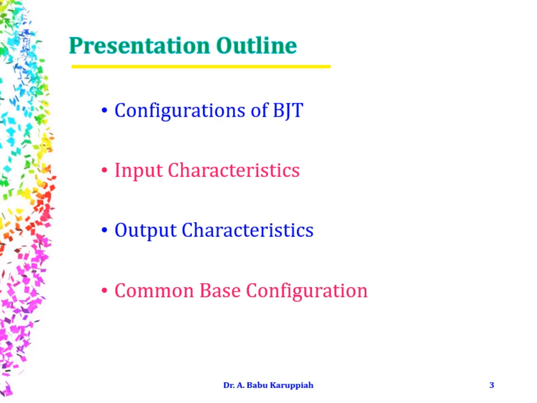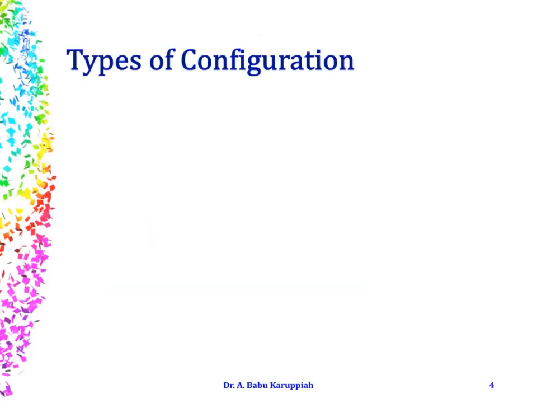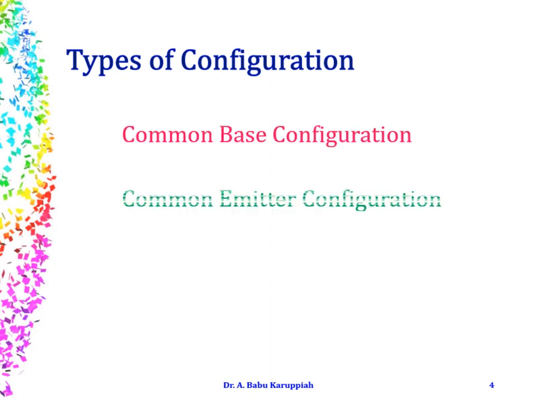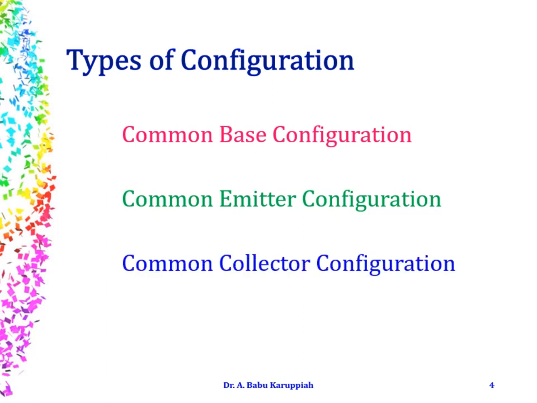common base configuration. When we were talking about configuration, we understood that either the emitter can be had as a common terminal, or the base can be had as a common terminal, or the collector can be had as a common terminal. So based on that, you do have three different types of configuration. The first one is called common base configuration, the second is common emitter configuration, and the third is the common collector configuration.